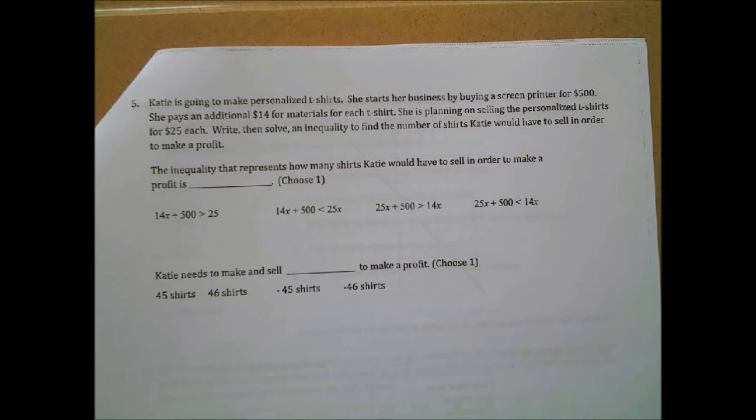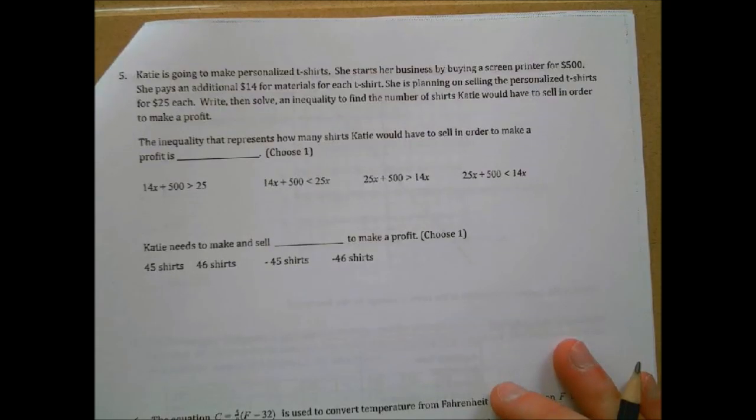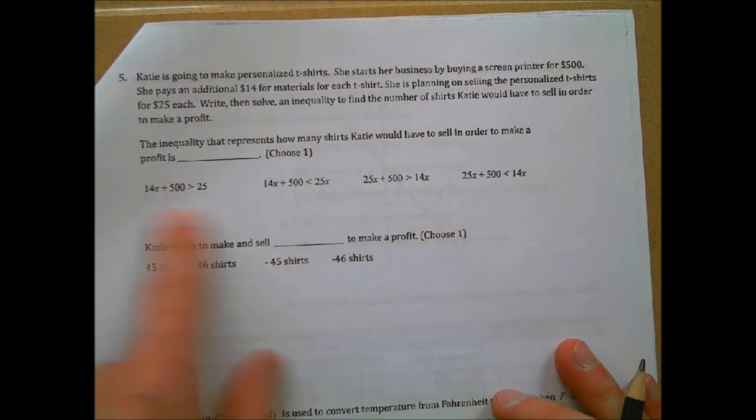So costs versus sales. If you want to make a profit, what do you want to be true about your costs and your sales? Sales to be higher than your cost, right? You want your sales to be higher than your cost. So let's think about how we can write an inequality here. Let's look at the ones that are given. Okay, one of these four is right.